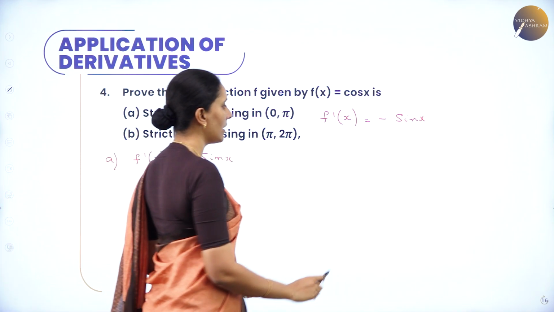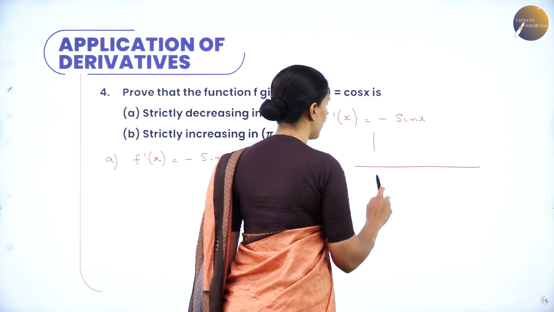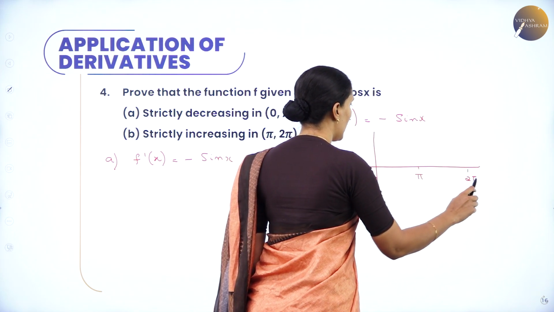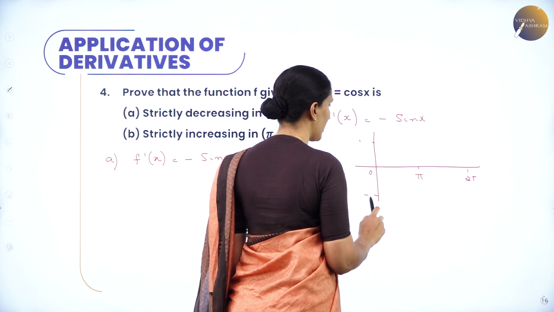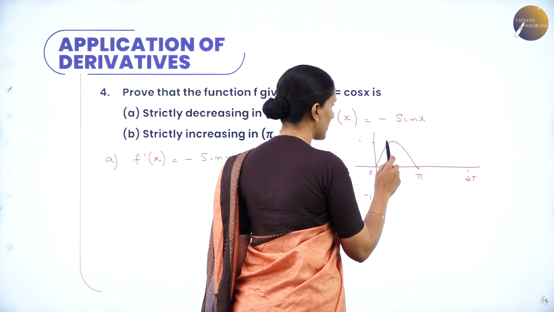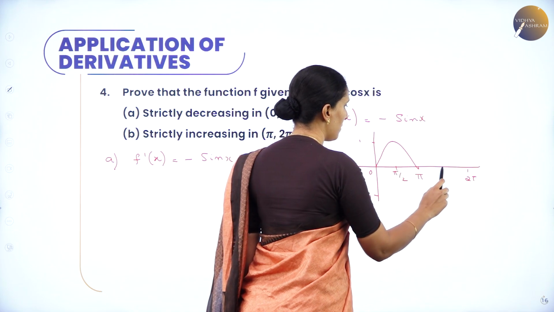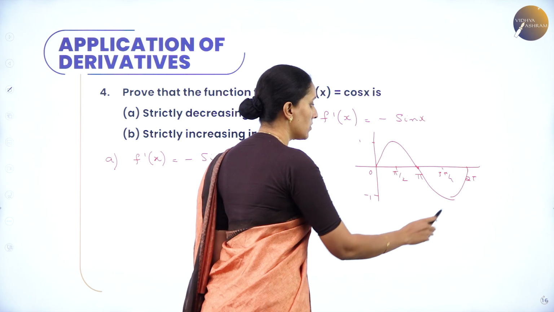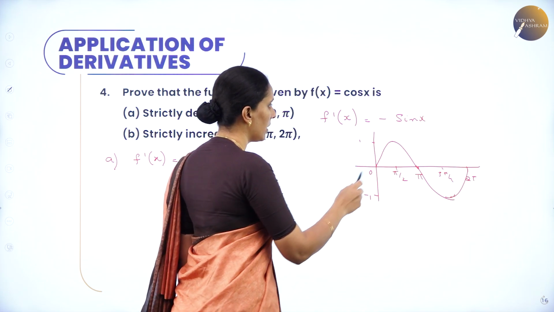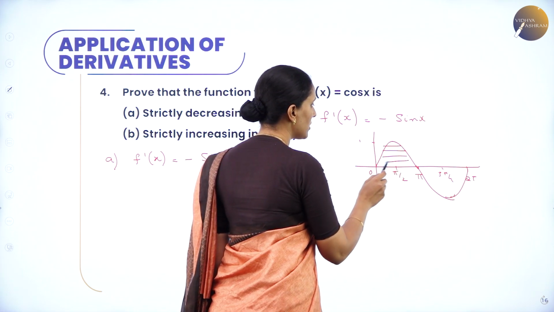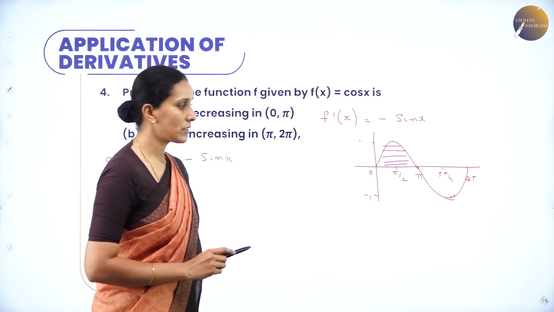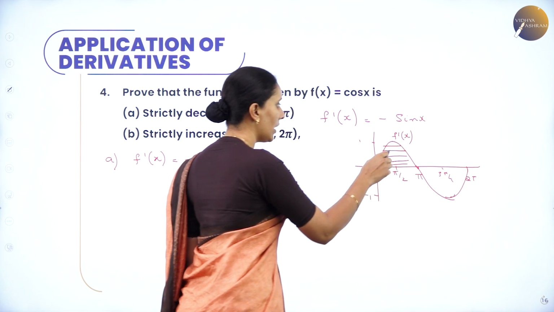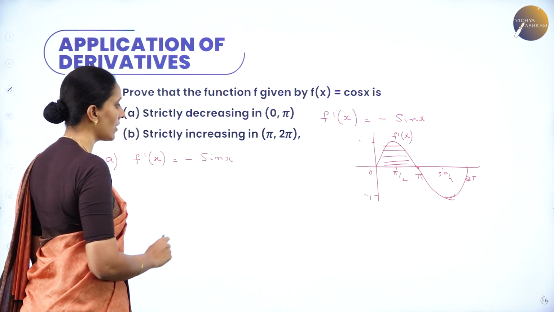Let's look at the sine curve. So this is 0, pi, 2 pi. Let me take this as 1, minus 1. The curve reaches maximum at pi by 2 and minimum at 3 pi by 2. So the curve is like this. We can clearly see that sin x is positive in the interval 0, pi.